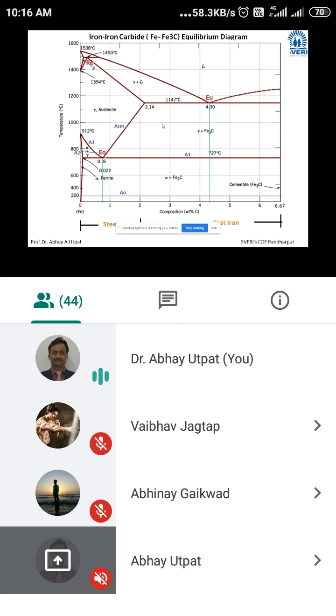See the title, iron carbide equilibrium diagram, Fe-Fe3C. Fe3C is iron carbide, and the ordinate is temperature and the abscissa is weight percentage of carbon. Usually in any earlier equilibrium diagram, it starts with 0% from the left side, and at the right side it ends with 100%.